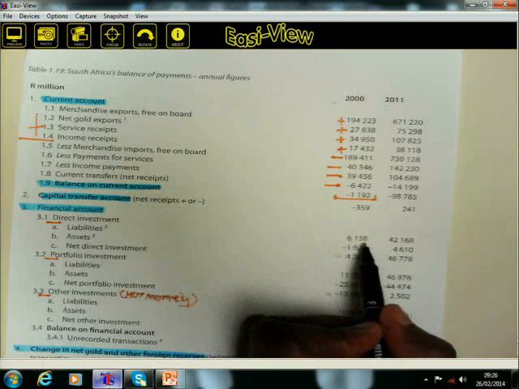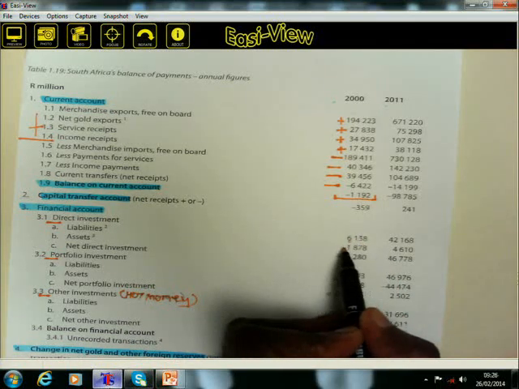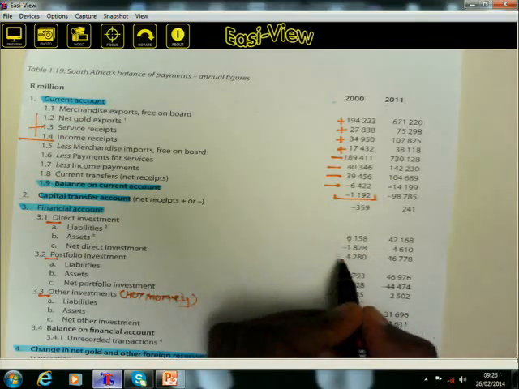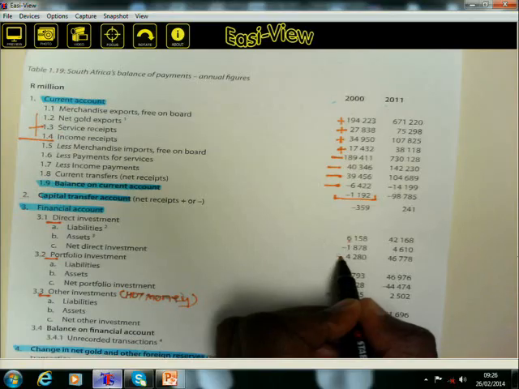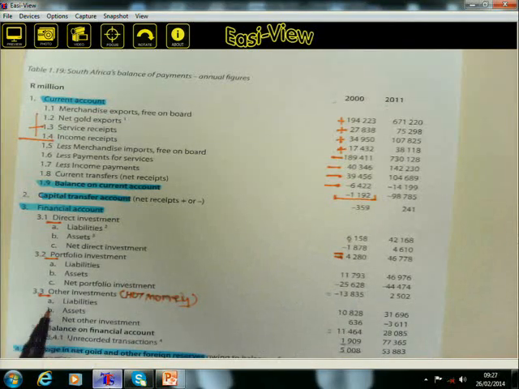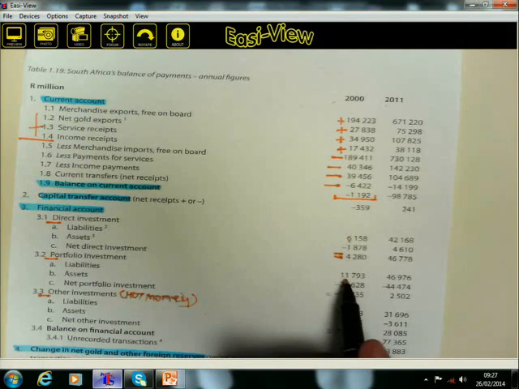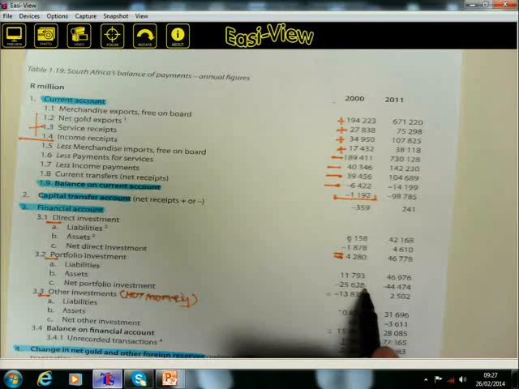Say, if you take this information, 6158 minus 1878, the answer that we'll get is the net direct investment. Then for the portfolio investment, what we do there is subtract 11,793 from 25,628.